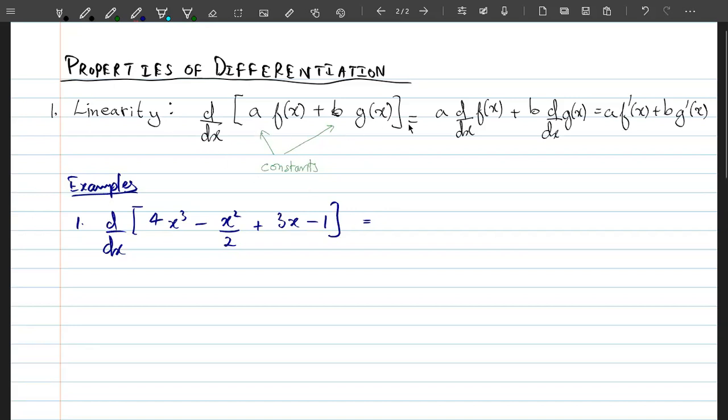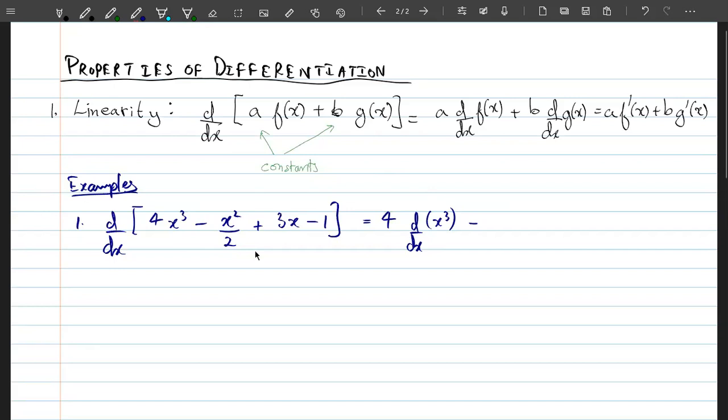Luckily, we have this linearity property, which says that it is enough to differentiate each term separately and add the results, or not add exactly, take the same linear combination. So 4 times the derivative of x cubed and so on. So if I write it stepwise, it is actually 4 times d dx of x cubed minus, so what is the constant here? Minus 1 by 2.